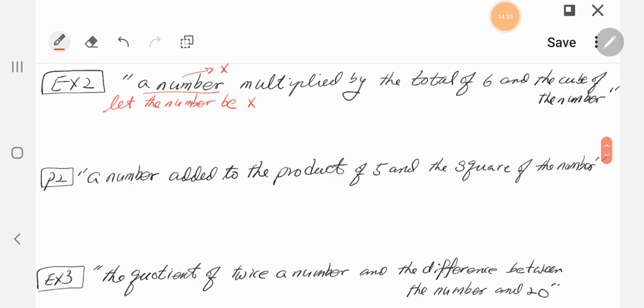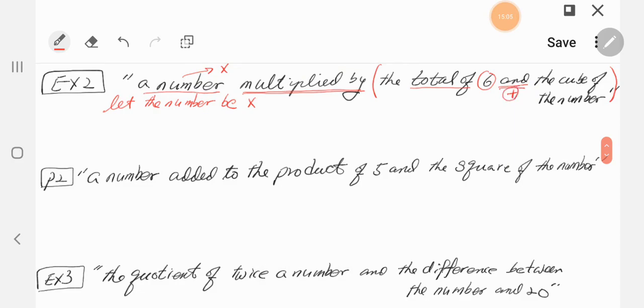Okay, a number is multiplied by. So by using the expression, a number is x, and this is multiplied by. Multiplied by means multiply. So x is multiplied by this expression. And this is the total of. The total of means add two expressions. So this "and" will be replaced by plus, right?